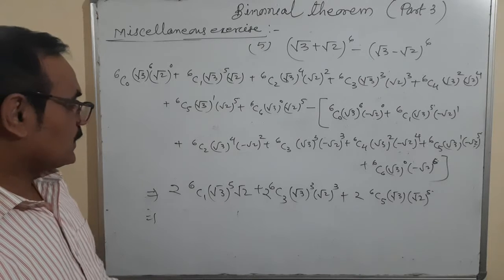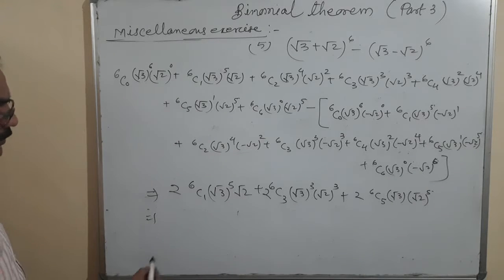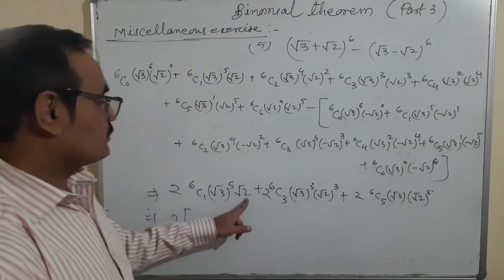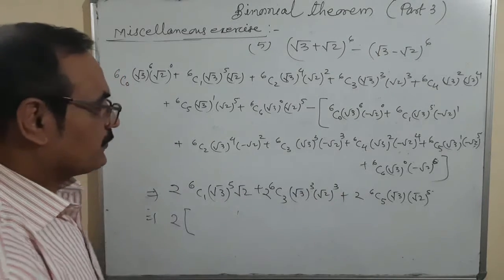Now what should be done in this value? We will take 2 common, and (root 3)^5 root 2, (root 3)^3 (root 2)^3.